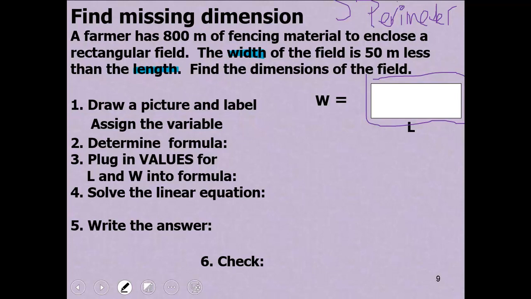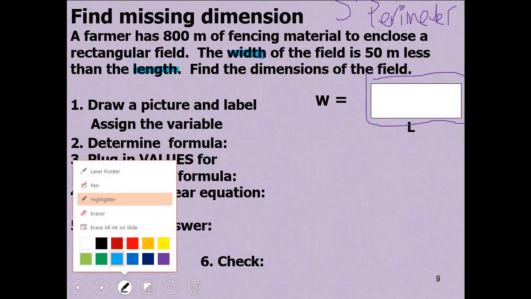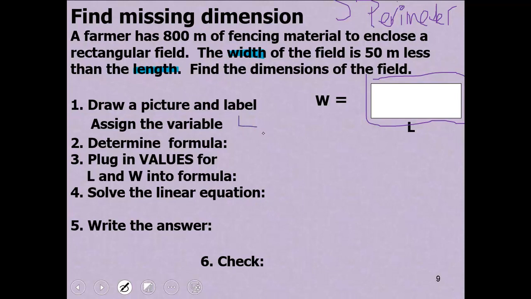So my variable is going to be L. And then my width is going to be L minus 50. It's my length less 50. The formula I have to use is the same: perimeter equals 2L plus 2W. I'm going to plug in what I know.